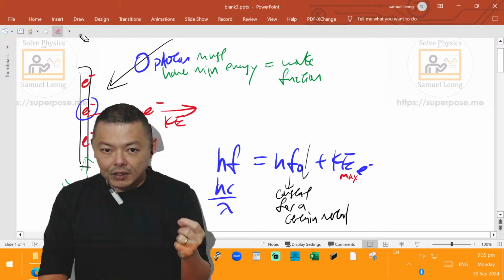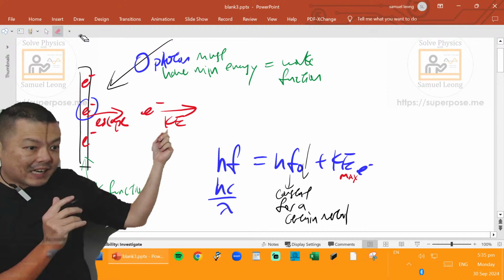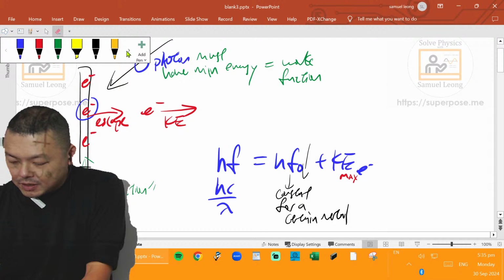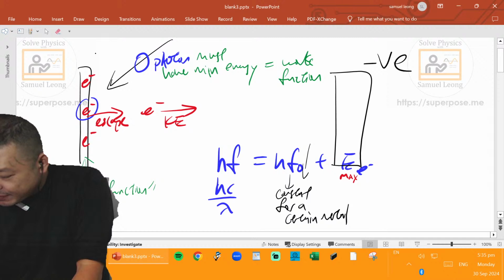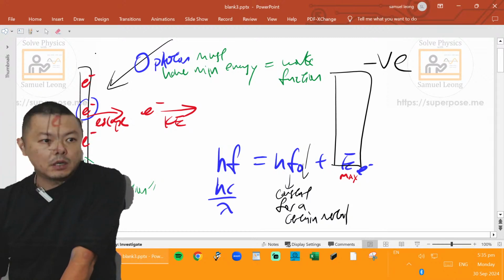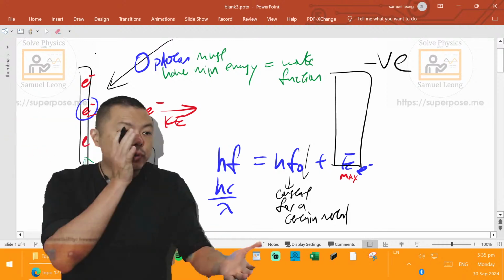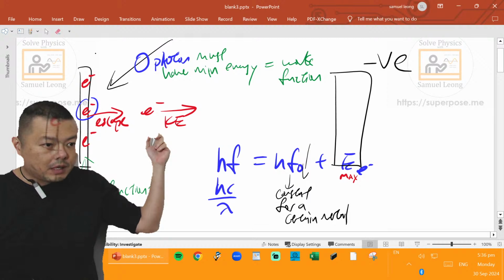You understand that? So in order to measure the Ke of an electron, which you can't even see in the first place, you put another plate here, with a negative voltage. What do you try to do? You try to prevent the electron from touching the metal plate.